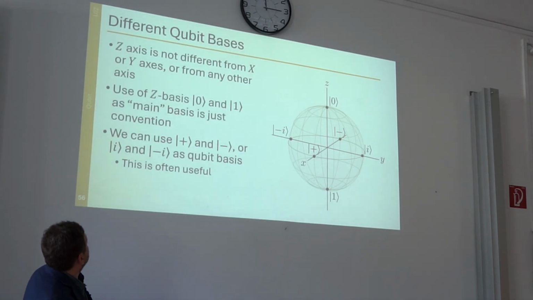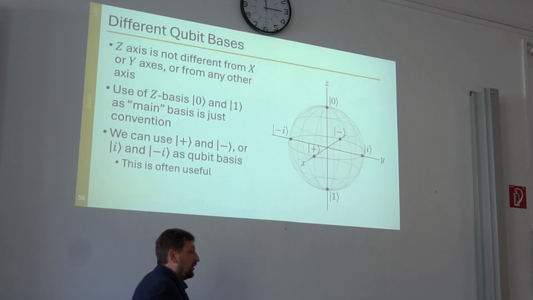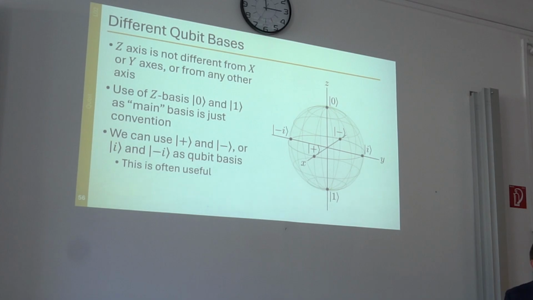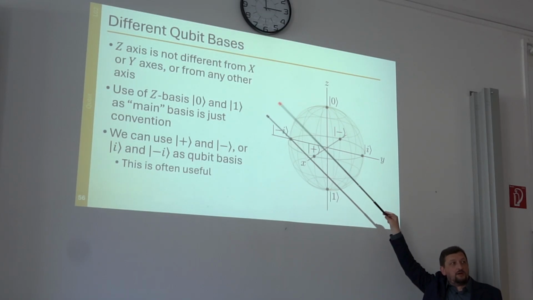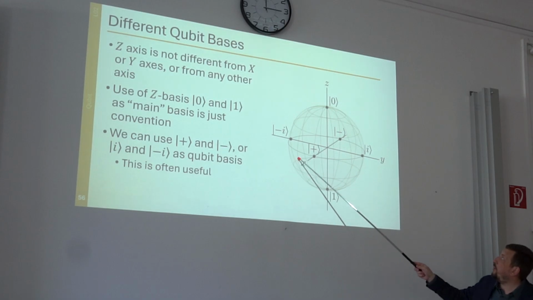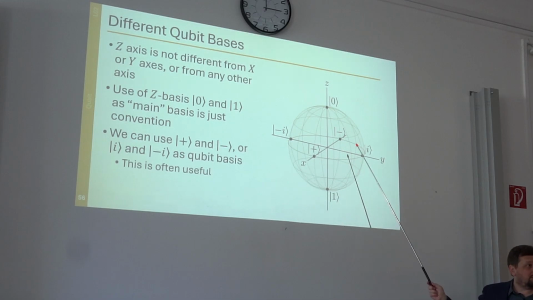One more note. Usually 0 and 1 are used as basis states. So we wrote an arbitrary qubit state as a superposition of these states. But the z-axis is not different from the x-axis or y-axis or any other axis. So instead of 0 and 1, which are points on the z-axis, the z-basis, we can use any pair of quantum states which are opposite to each other on the Bloch sphere.